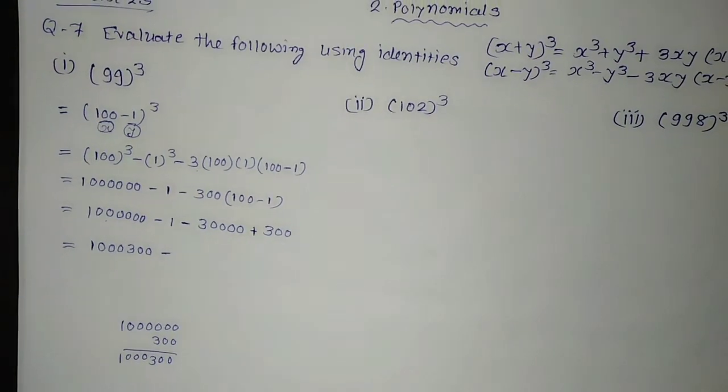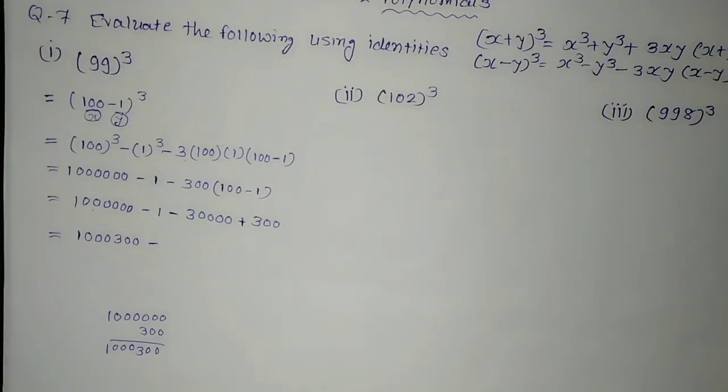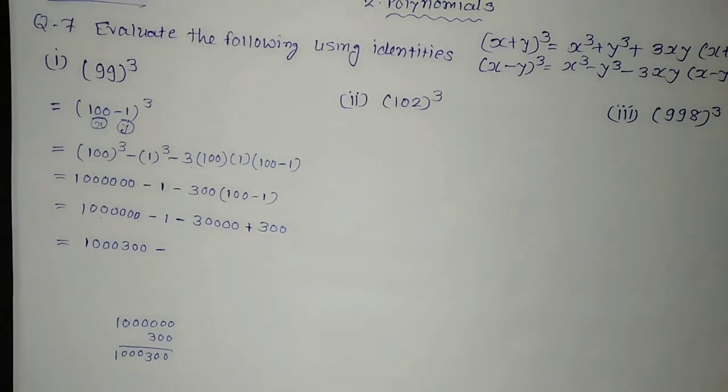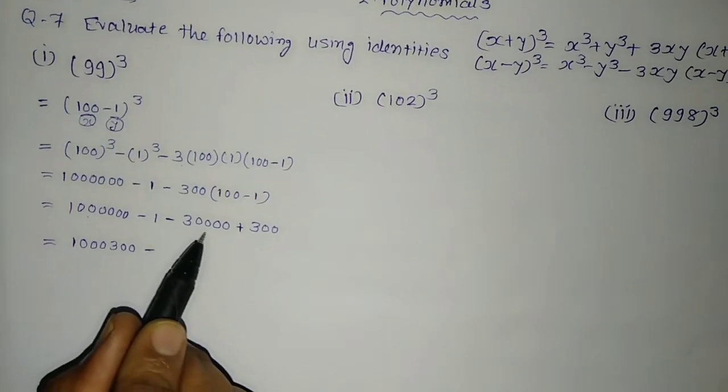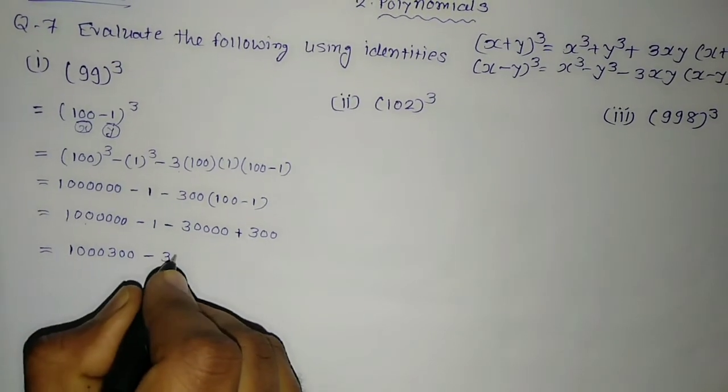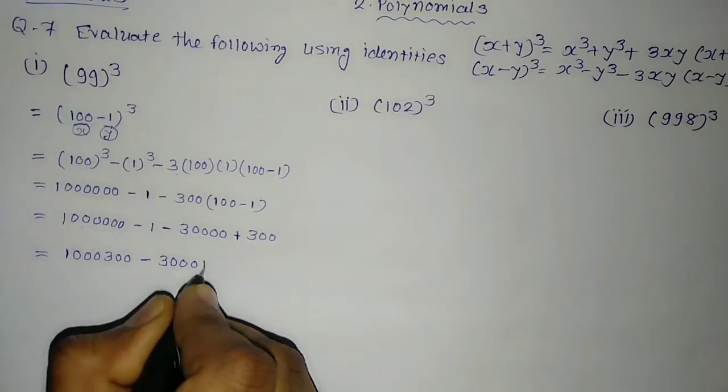We know that if we have two terms with the same sign, we do the addition and put the same sign. So if we add this 1 into this 3,000, it will be 3,001.